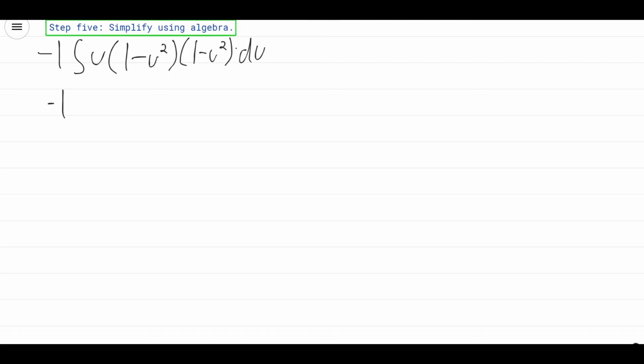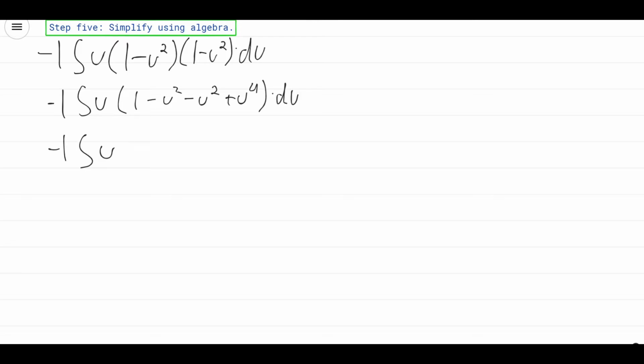The first thing we're going to do is FOIL out the two terms, 1 minus u squared. So 1 minus u squared minus u squared plus u to the 4th times du. All I did there was FOIL out the two terms that are inside the parentheses. And now I'm going to distribute the u to each term.